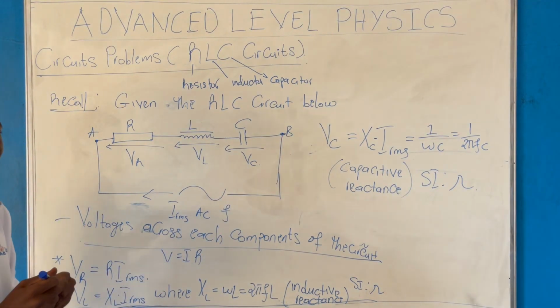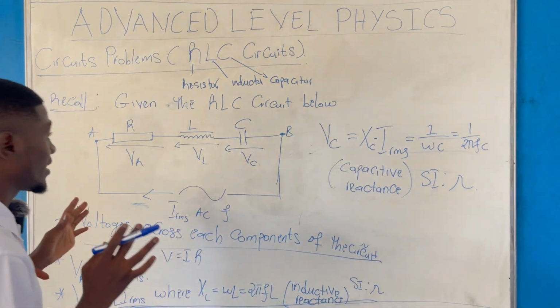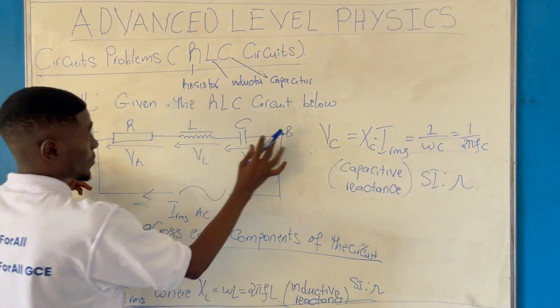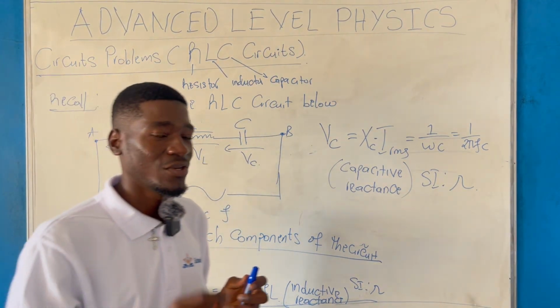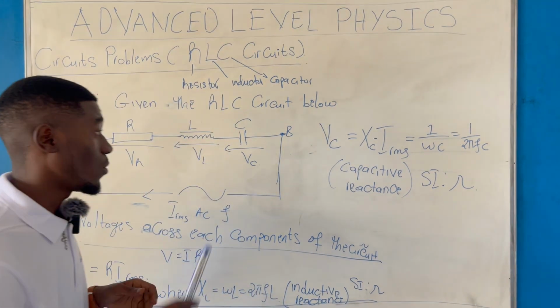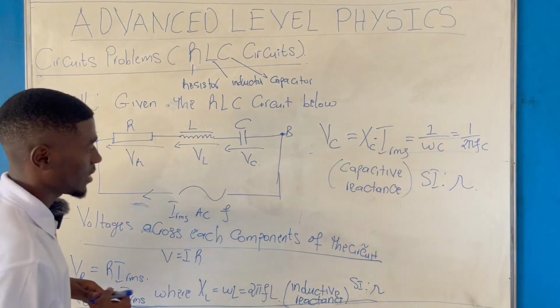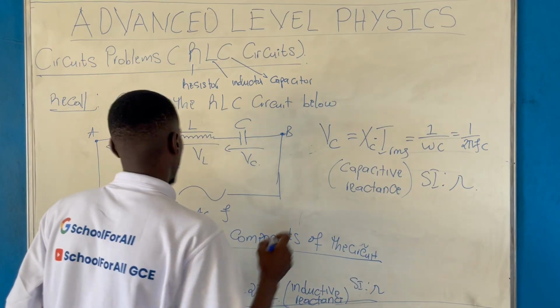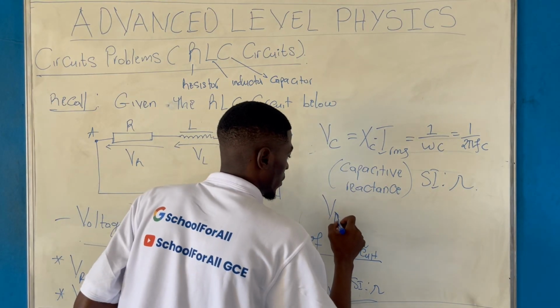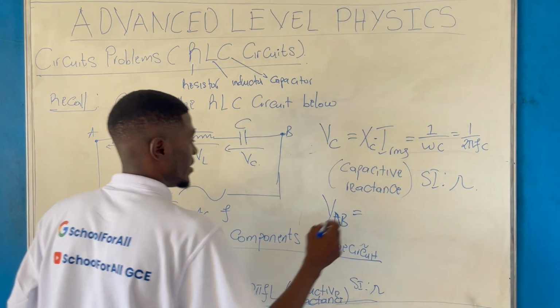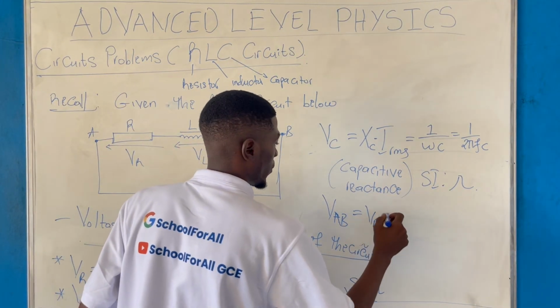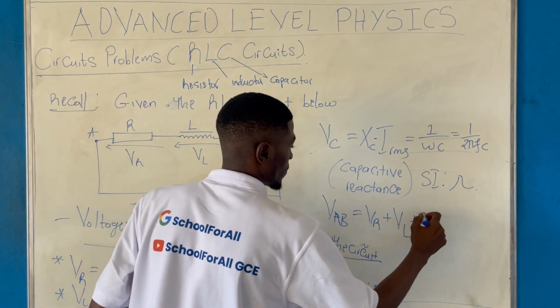You can think that if I want to calculate the voltage across AB, I will sum the voltages. No, I will explain why it will not be correct. You are saying that VAB is VR plus VL plus VC.